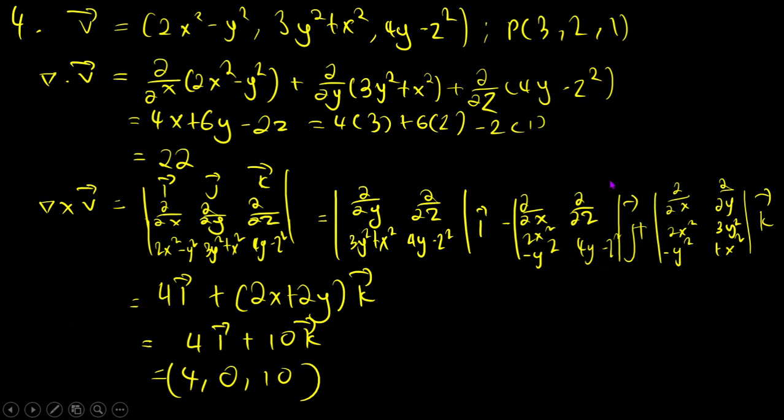The j hat will be 0 since we don't have x here with respect to x, and this one is a derivative with respect to z, but this one doesn't have z, so 0. Then plus 2x plus 2y k, and then we have 4, and we substitute it here. We get 4i hat plus 10k hat, which can be expressed as (4, 0, 10).